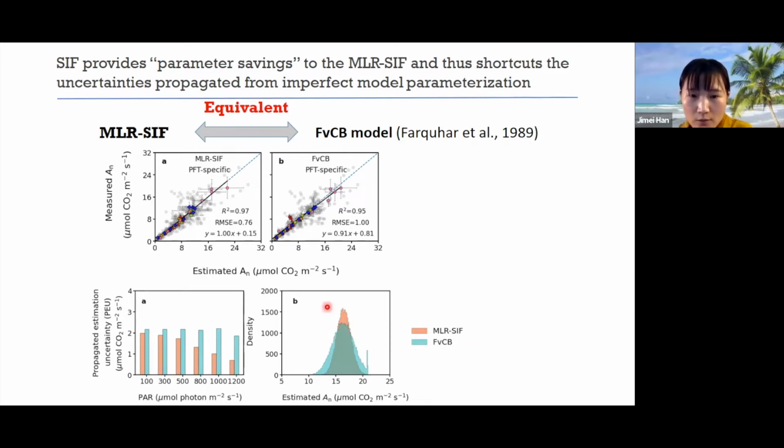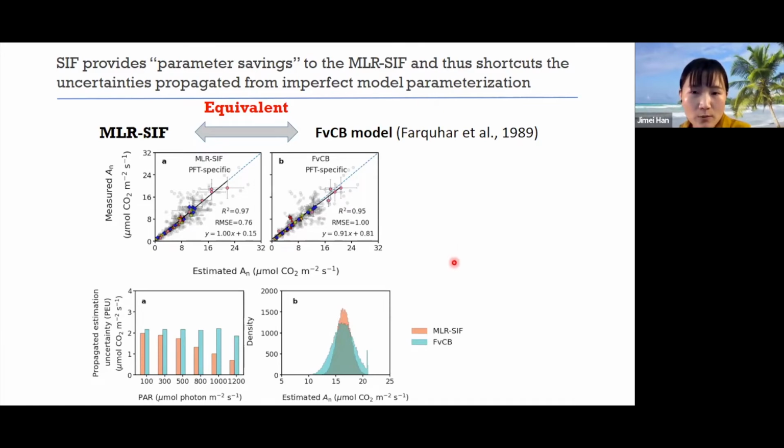Here, the performance difference is not due to the model rigorousness, but due to differences in the level of parameter requirements. Specifically, our model takes advantage of the information carried in SIF and then shortcuts the uncertainties propagated from the imperfect model parameterizations.